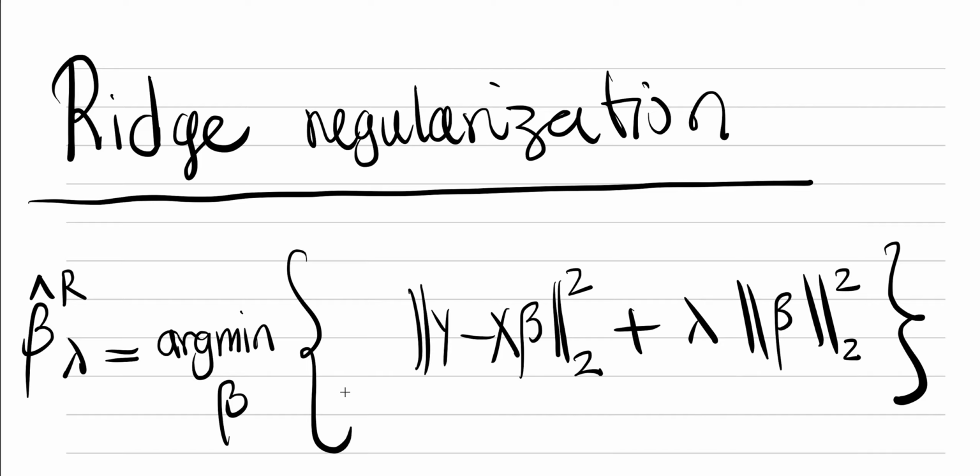Okay. Now, the question that I'd like to answer for the rest of this lecture is how can we find this estimate? Is there an analytical formula for this, the same way that there was a formula for least squares for linear regression?